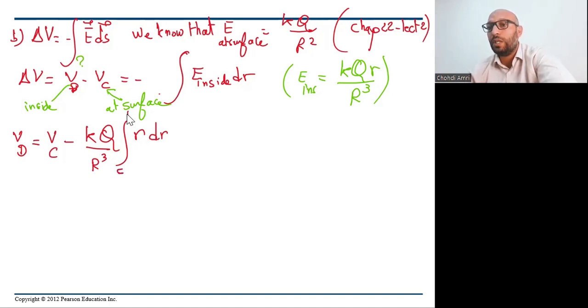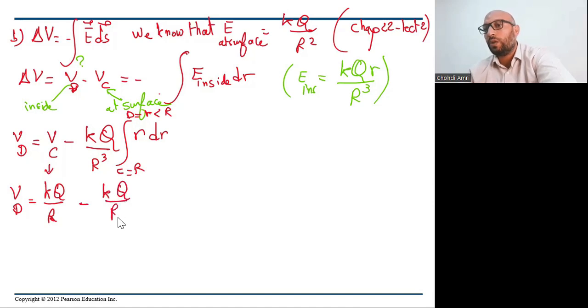From the point C to the point D. Point C is at the surface, that means at the distance capital R. Point D is inside, that means at the distance small r, variable, and r is smaller than capital R. So we can write that the electric potential at the point D equals the electric potential at the surface, KQ over capital R, this is VC at the surface, minus KQ over R cube of r squared over 2, from capital R to small r.